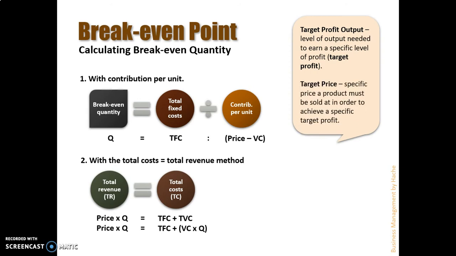If you want to know at what price you have to sell your product to get one specific target profit, you can also use the same formula and the same chart to check whether that price is the right price. It's the same formula, you're just replacing values.